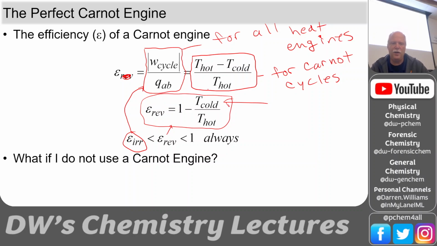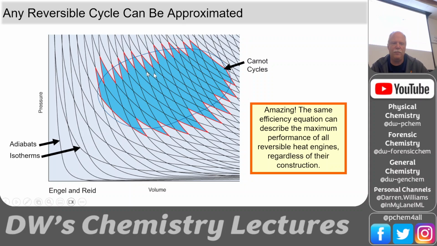Now, what if I don't have a Carnot engine? I can break up any cycle into a bunch of different little Carnot cycle parts. And so this is how a real engineer would do this, a mechanical engineer looking at a real engine with its real volumes and cylinders and all of that, would have a computer simulate the area in this strangely circular or oblong cycle diagram into tiny little Carnot cycles.